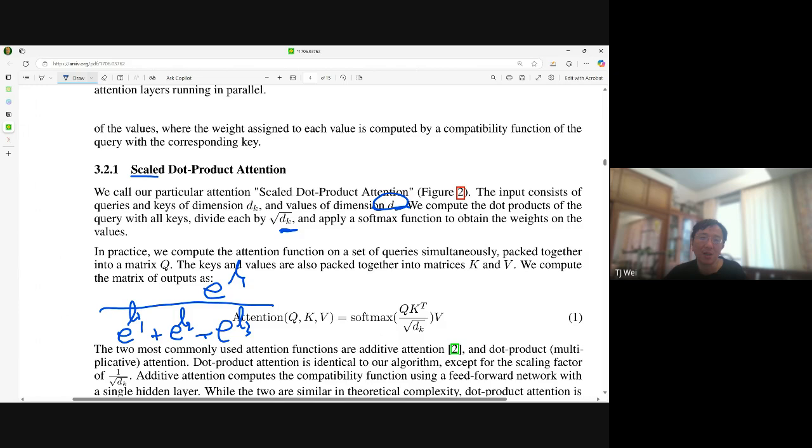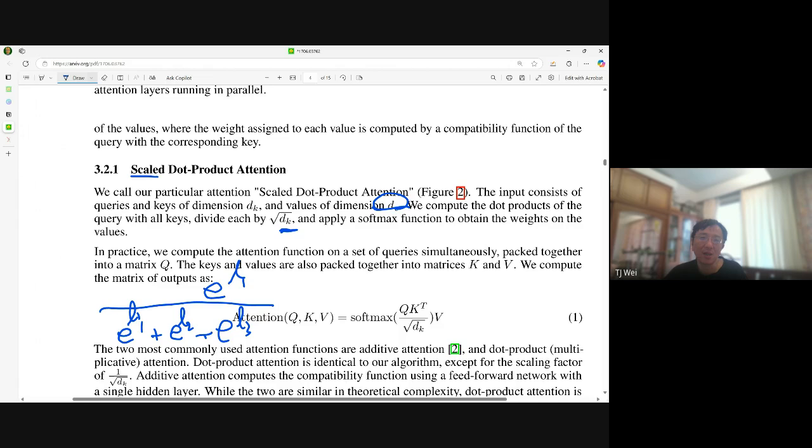The reason is that we assume each element of q and k is a random variable. When we try to normalize it, we assume their expected value is going to be 0, which is a stretch, but that is our assumption. It's a very common assumption.